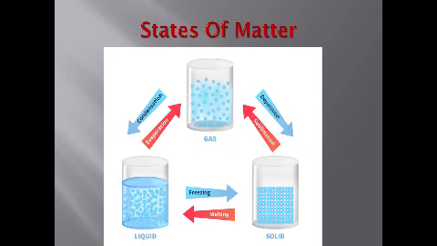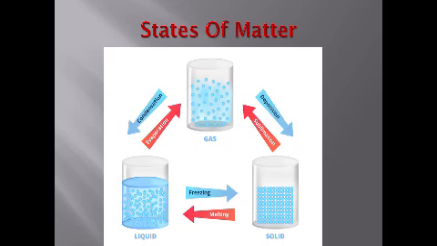Now, solid to liquid conversion. When any object changes from solid to liquid, it is known as melting. When any liquid converts into a solid, this process is known as freezing.